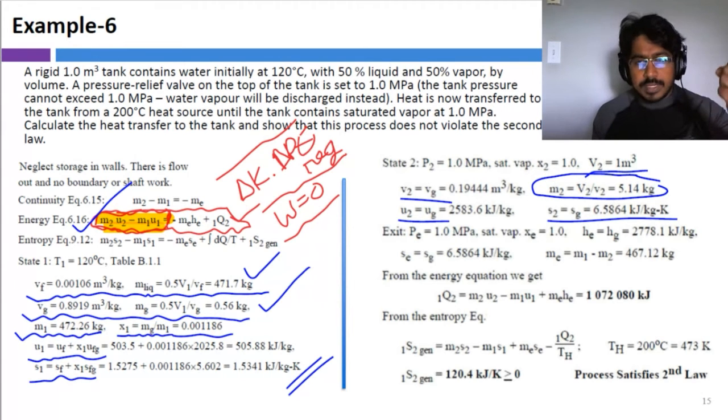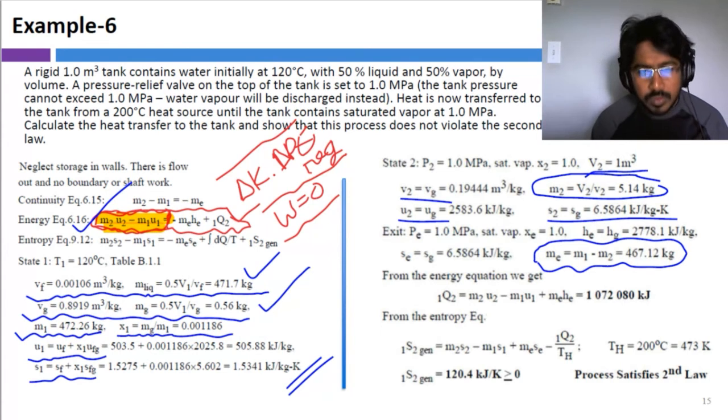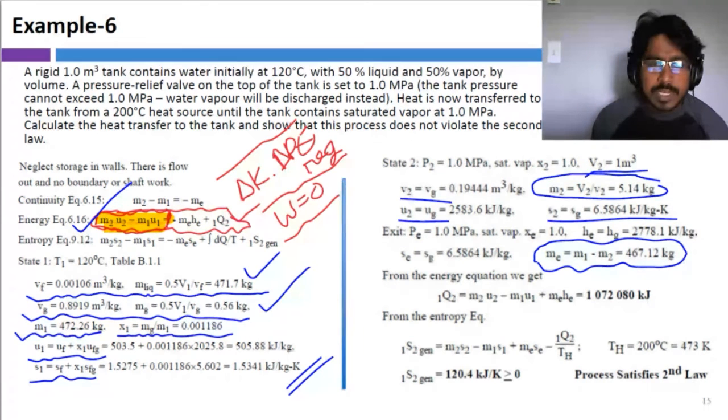And you know that at the first instance we had M1, at the second instance we had M2, and the difference between these two is going to be the mass which left the system, which we calculate here, right? And then we know that the question said only saturated vapor can leave the system, and at the same time it said when it tries to exceed 1 megapascal, only the pressure relief valve activates.